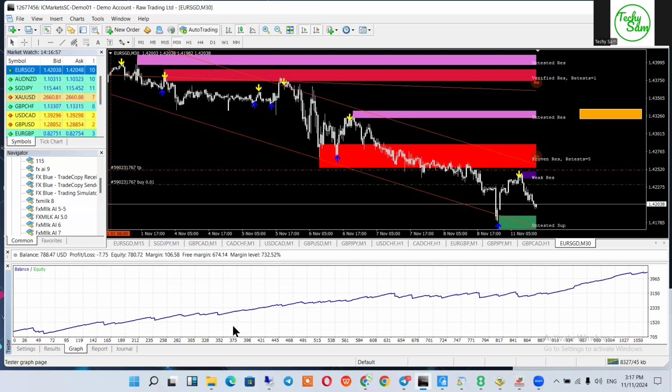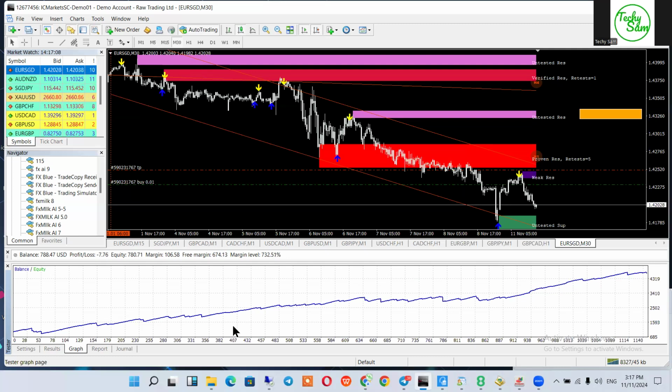For your account size, if you are using anything from $100 to $1,000, the lot size that should appear in your account should be between 0.01 and 0.1.